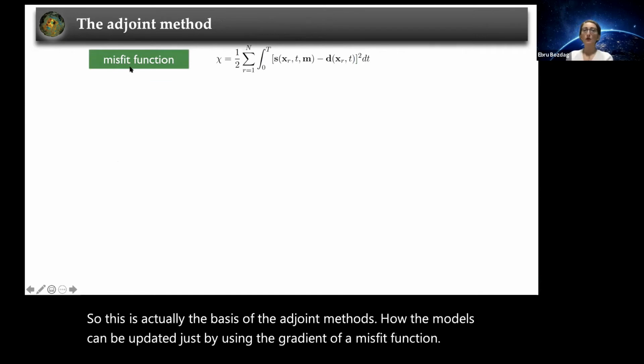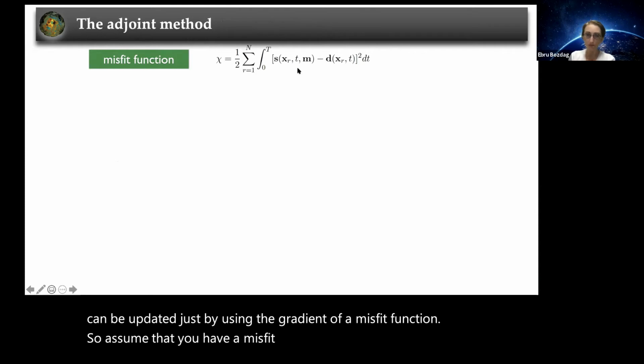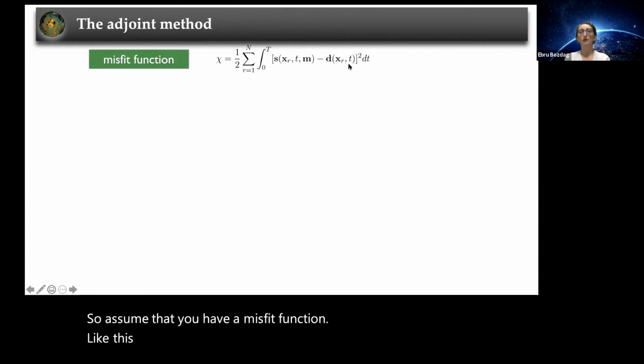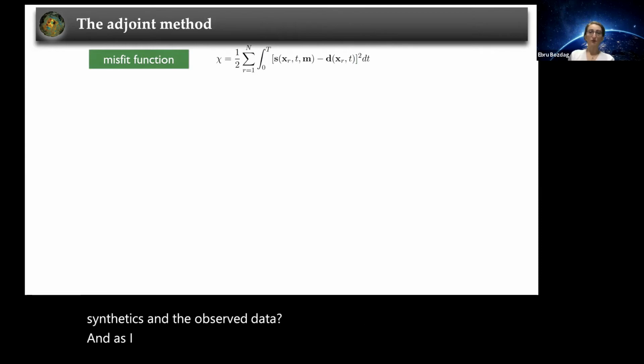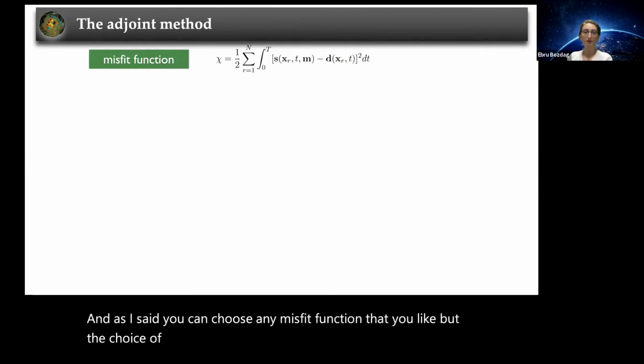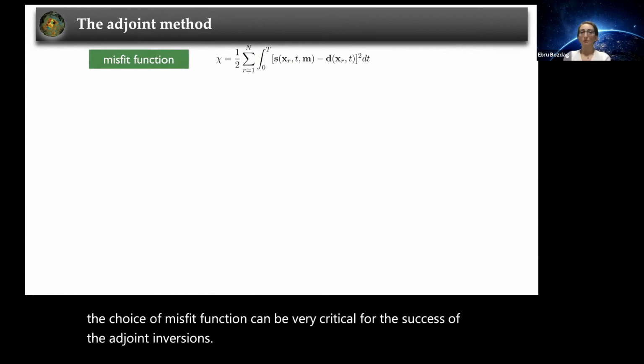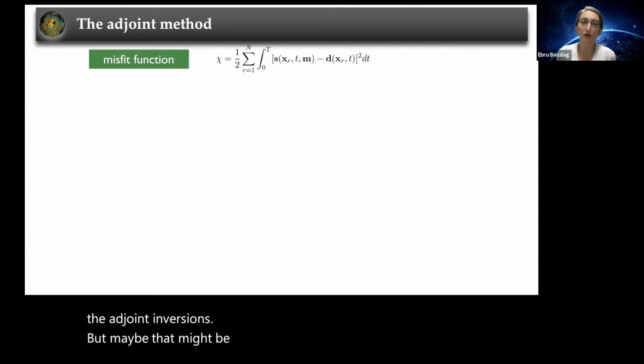Assume that you have a misfit function like this. This is the L2 norm waveform difference between the synthetics and the observed data. As I said, you can choose any misfit function that you like, but the choice of misfit function can be very critical for the success of the adjoint inversions. Maybe it would be better to have a separate lecture on measurements.